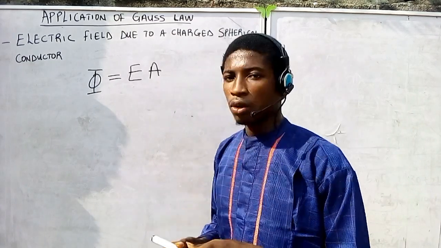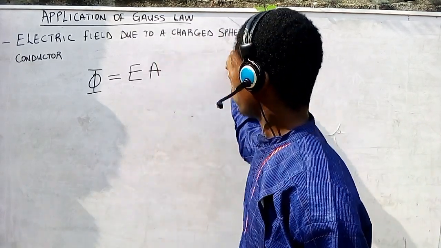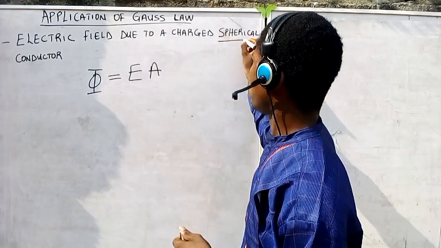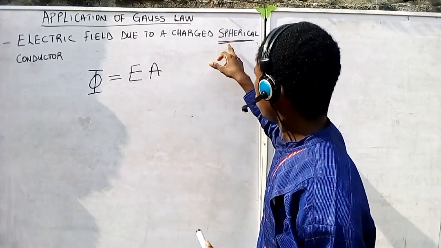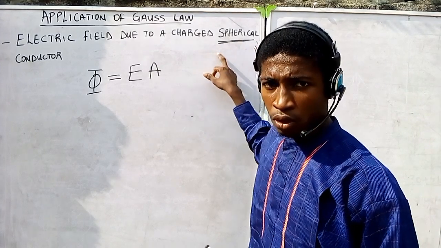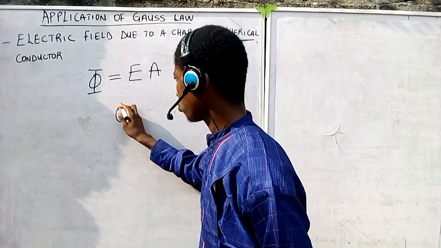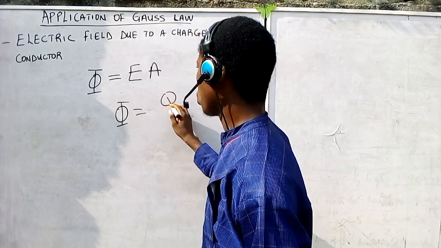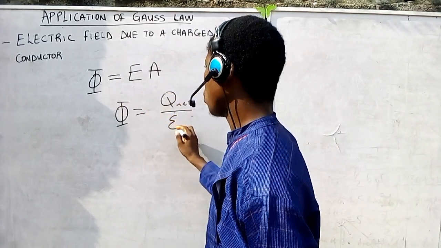All right. Now, when dealing with spherical, this word spherical is very important. In a question, when you see this word spherical, the electric flux is equal to the total charge or the net charge over the permittivity of free space.